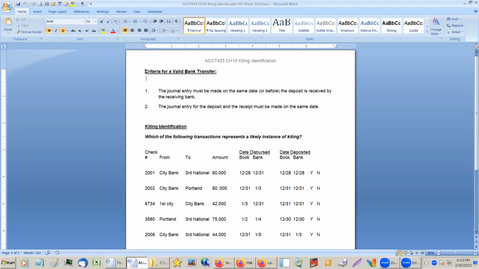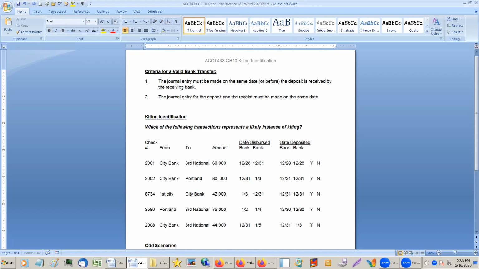So this is a kite. You already have these rules.